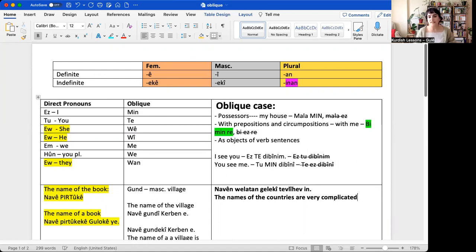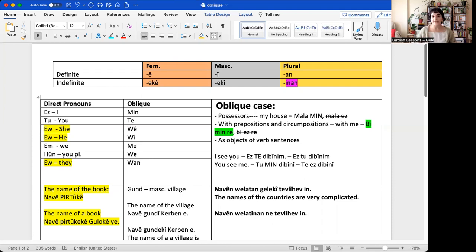If you want to say the names of some countries, you will say navên welatanan. Navên welatanan natively have. The names of some countries are natively have. Okay, so it is how we use the possessor.